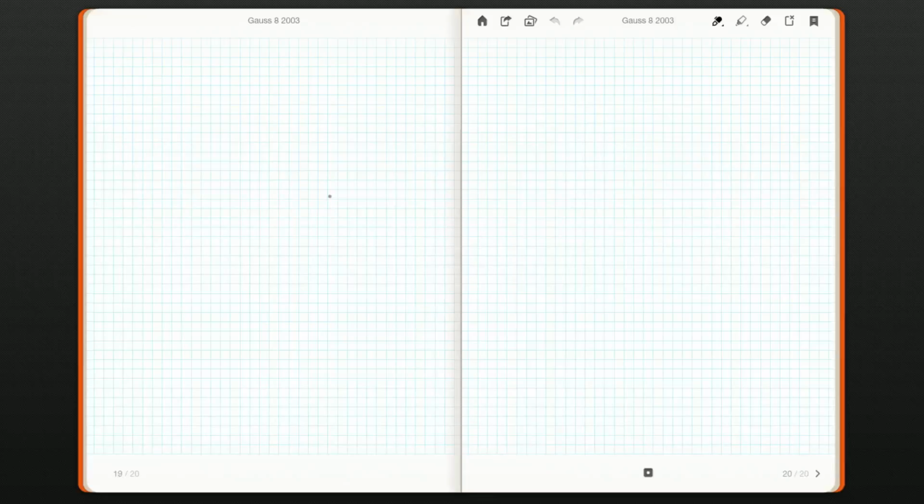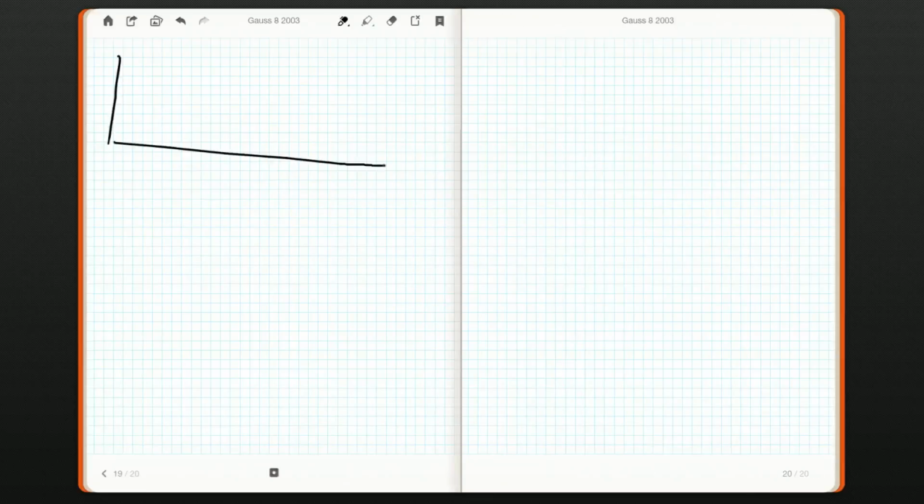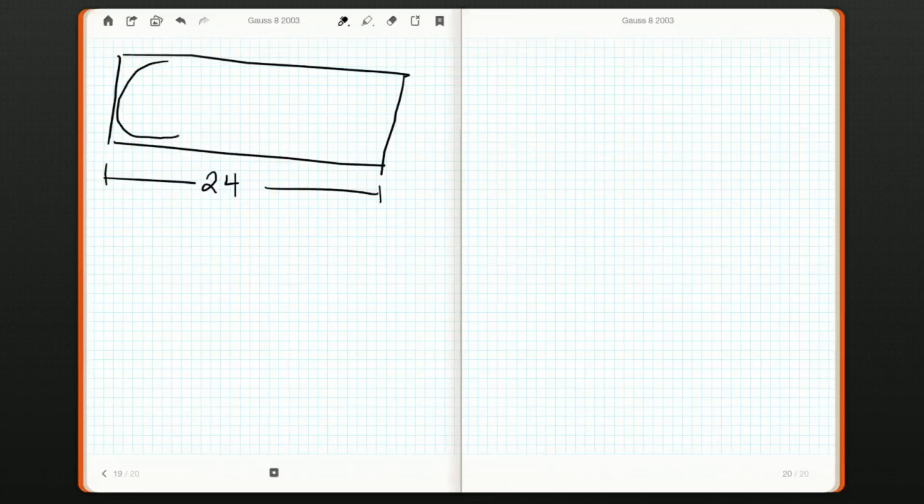Okay, so we'll draw ourselves our little picture. We're not given a whole lot of information. For example, we don't know anything about this rectangle other than it has a length of 24. I don't even know the height yet. One circle.